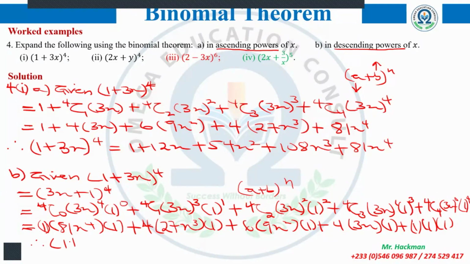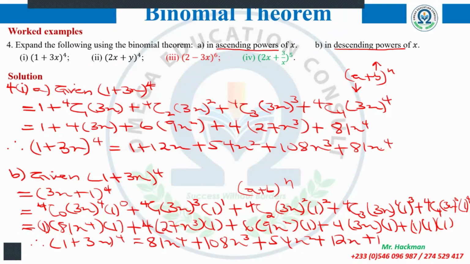So (1 plus 3x) all to the power 4 will be equal to 81x to the power 4, plus 108x cubed, plus 54x squared, plus 12x, plus 1. You can see that the powers of x in the expansion are decreasing, so in descending order.